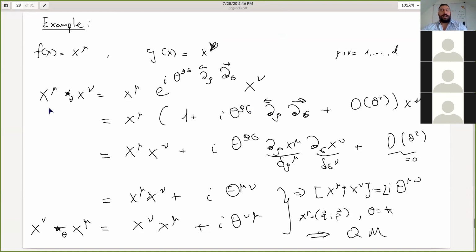So now here I do the star product, right? X mu star x nu equal to x mu exponential of i theta rho sigma d rho d sigma acting on x nu. And now I do a Taylor expansion, okay? So the first term is 1, plus, the Taylor expansion of the exponential is 1 plus x squared divided by 2 factorial and so on. And so I break it up at the order of theta to the second.